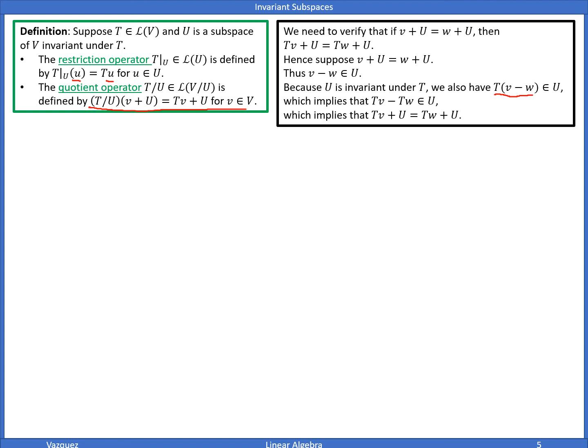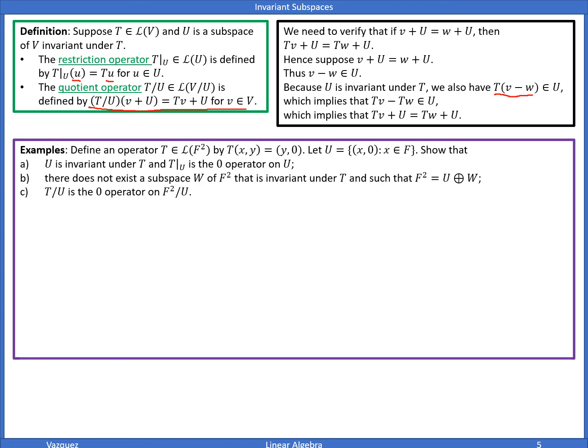So for both of these operators, it's worthwhile to pay attention to their domains. And if you have to spend a moment thinking about why they're well defined, I already showed why one was well defined. But we can look over a few examples now. So first of all, this is our problem, 3 parts.